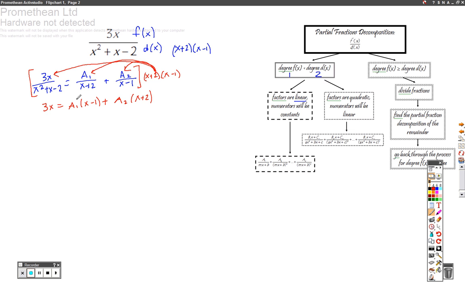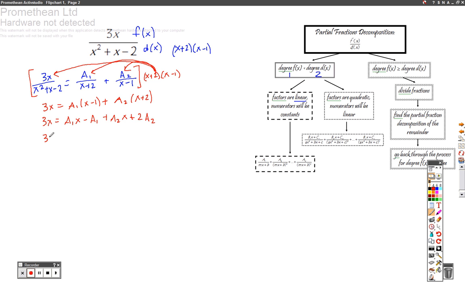Now I'm going to distribute the a1 and distribute the a2, so 3x equals a1x minus a1 plus a2x plus 2a2. So from here, I'm going to combine like terms, and I want you to think of these a1s and a2s as just constants, as numbers that I'm trying to solve for.